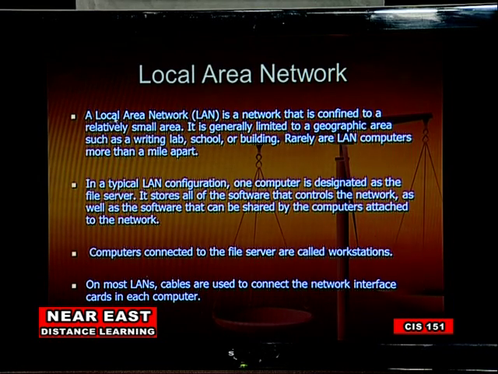So, as we said, a small area, lab, school, buildings, and we have again one computer designated as the file server. It stores all the software attached to this network. Computers connected to the file server are also called workstations. So that's what we mean by workstation. All the computers are connected to this computer, the server.